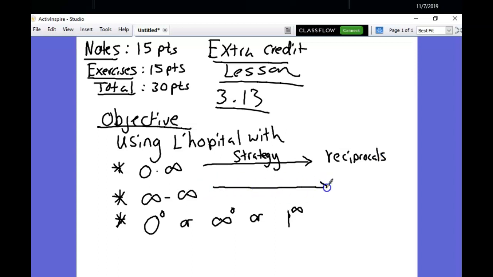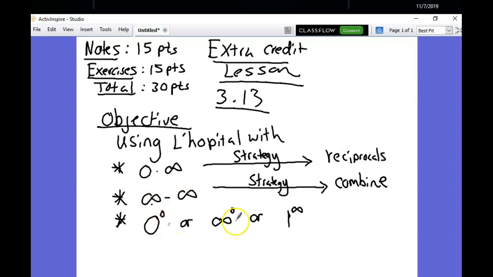The strategy we're going to use for this one is to combine the two expressions that give us these infinities. We're going to have two of them, and we're going to combine them together into one.